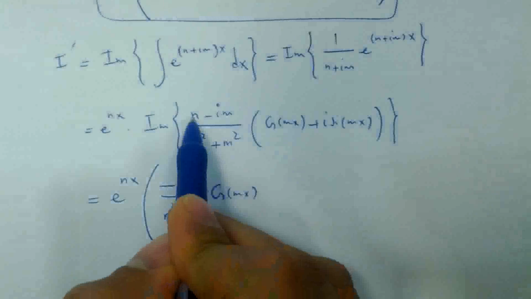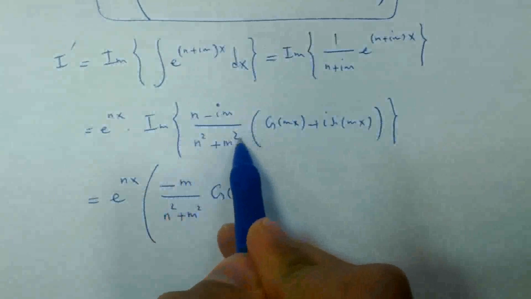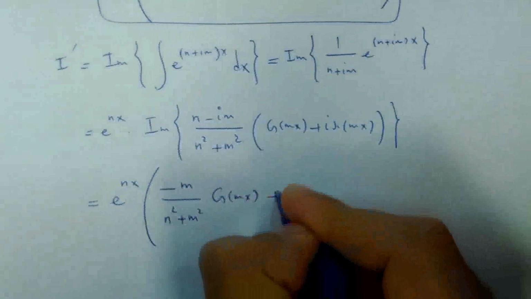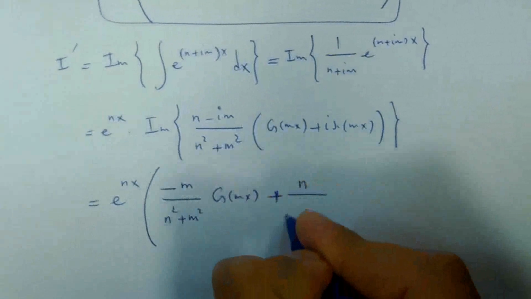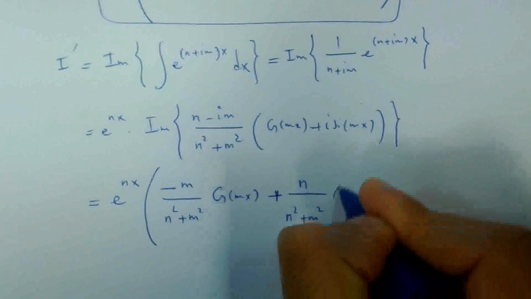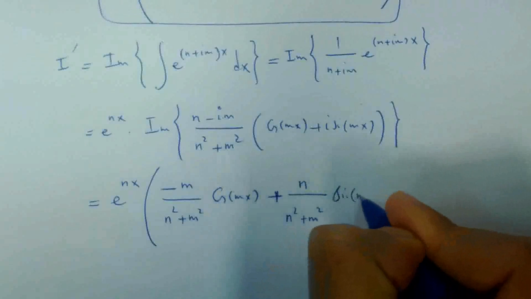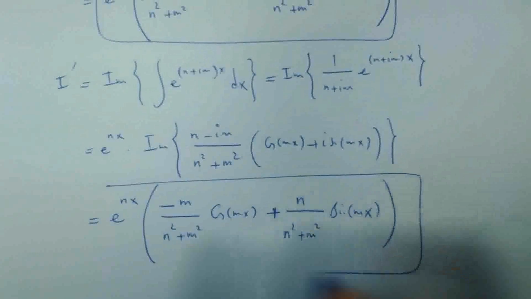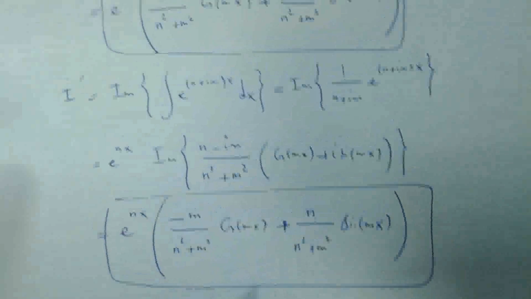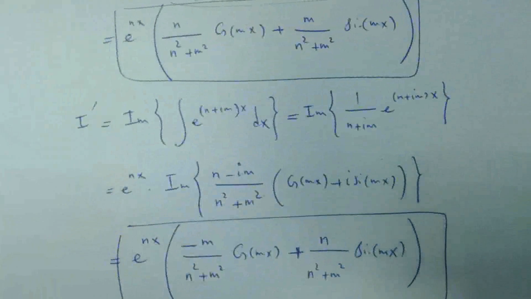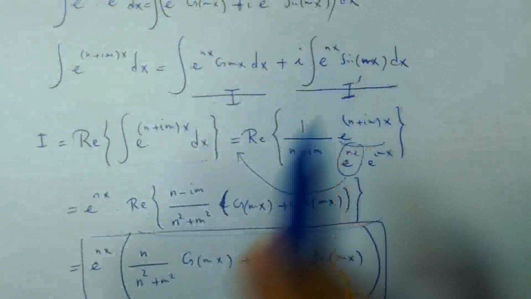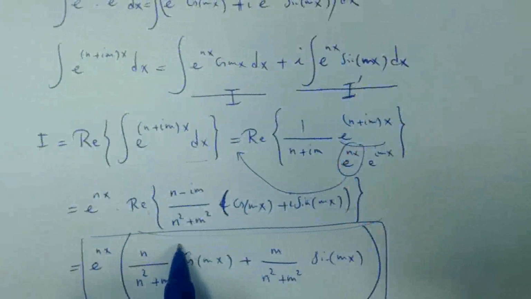Another term is the multiplication of n over (n squared plus m squared) times i sine mx. So plus n over (n squared plus m squared) times sine of mx. And this is the result for I prime, which is defined as the integral of e to nx sine of mx dx.